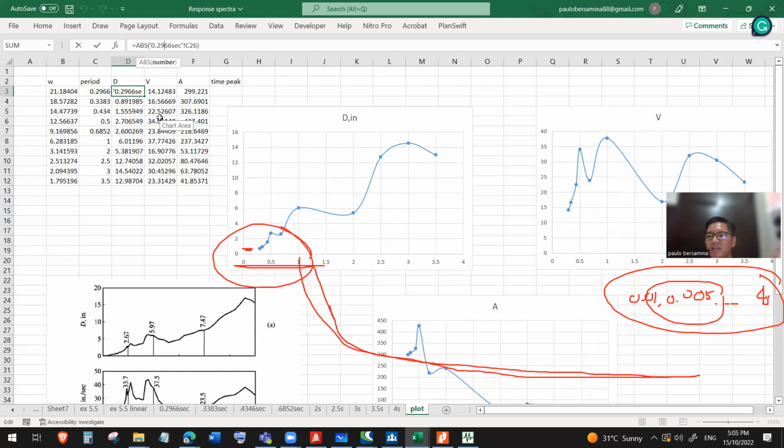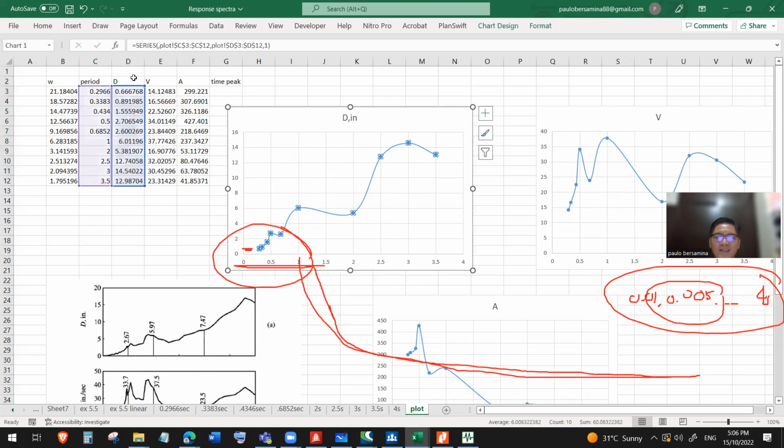Pwede nyo i-VBA, yung iba nag-VBA. Sabi ko nga pwede rin kayo mag-MATLAB, or Python. Pwede niyo gawin yun. Nasagot ko ba? Kasi once na nalagay mo siya into one column sa Excel, gawan mo lang kagad ng insert plot.